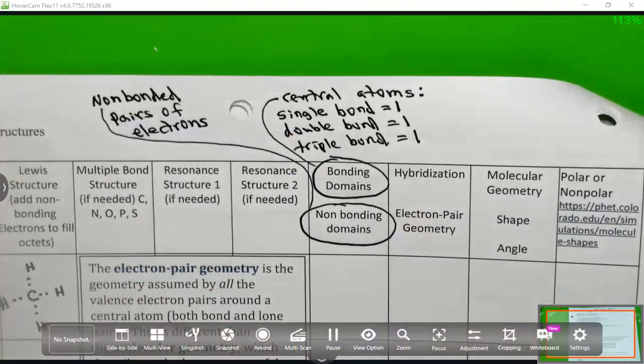Non-bonding domains are non-bonded pairs of electrons.